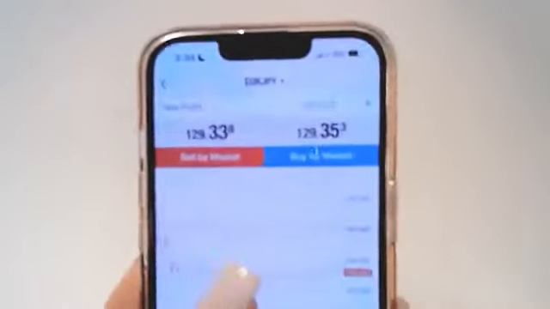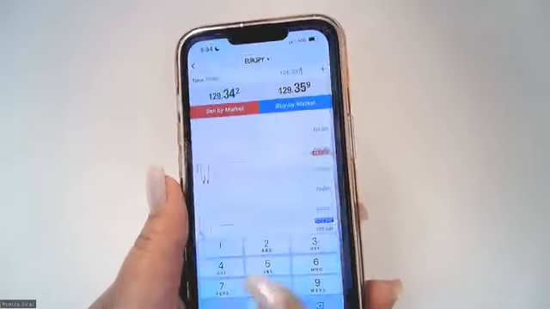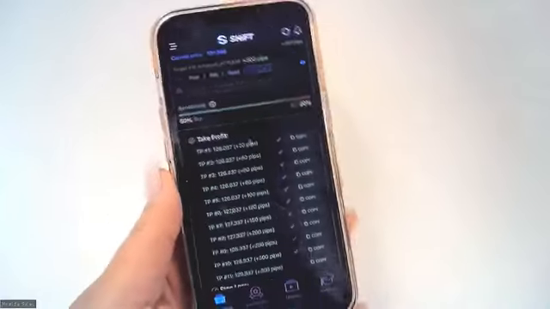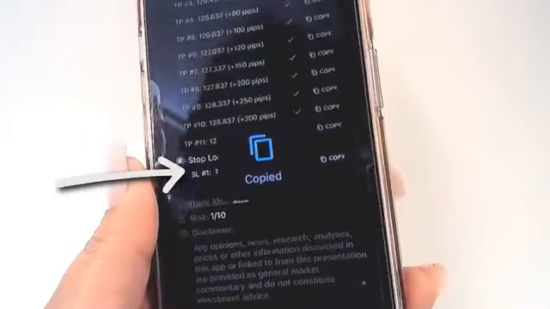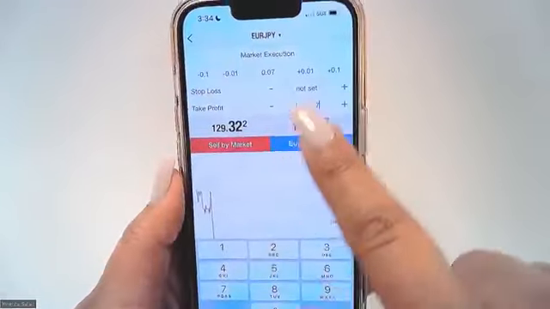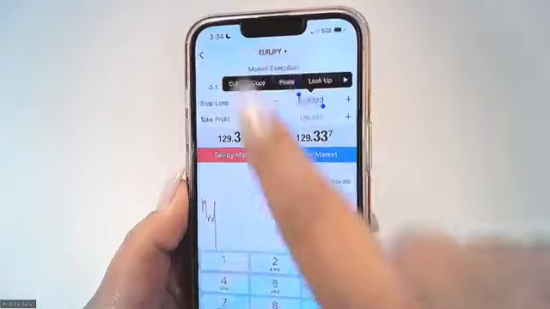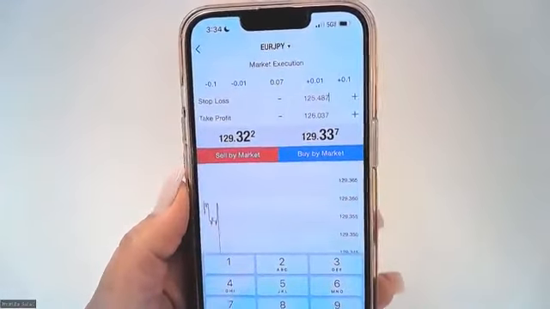So then I'm going to go get my stop loss. I'm going to toggle back and forth between my apps, scroll up, take my stop loss, go back into MetaTrader, paste that there. Now I have my take profit and my stop loss set.